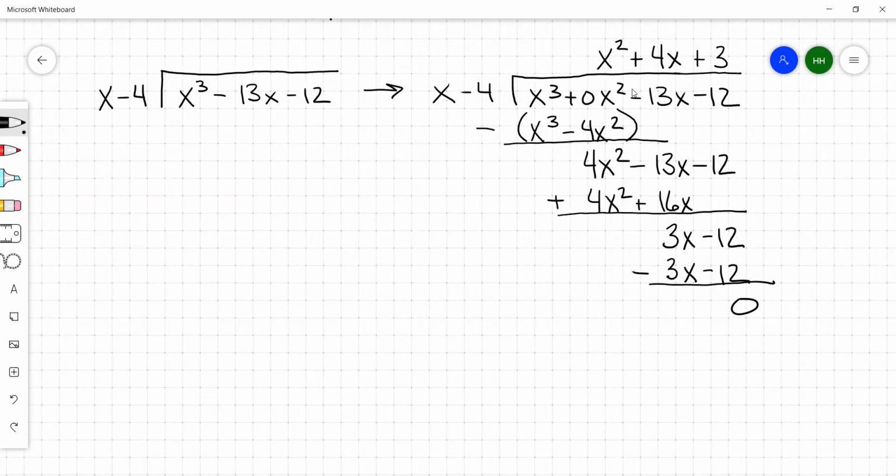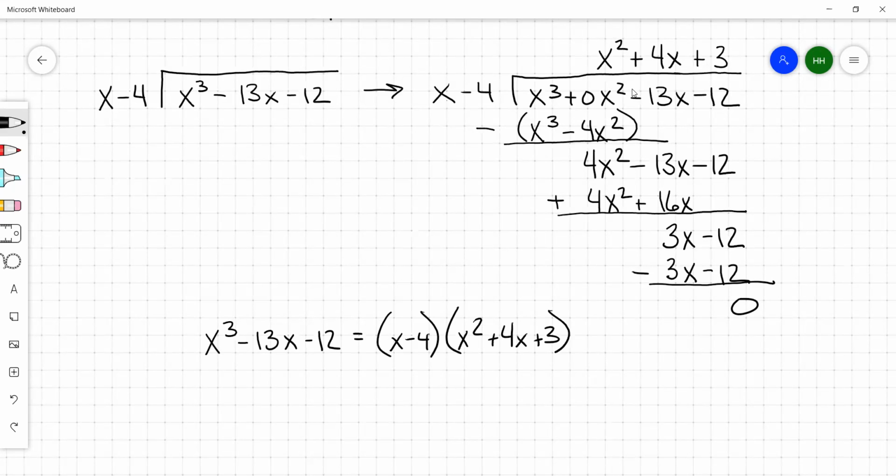So if you had to factor this x to the third minus the 13x minus 12, wouldn't its factors be x minus 4 times x squared plus 4x plus 3?